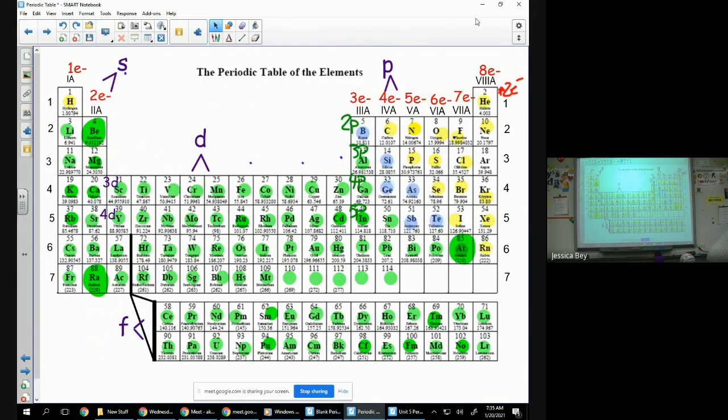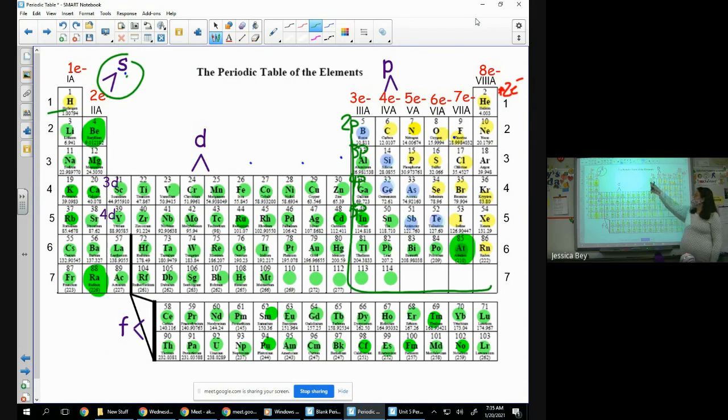All right. If I was to be labeling my periodic table, these two rows here have the S shape. So it's 1S, and then 2. Over here has the P shape, and this whole section over here has the P shapes. The big common misconception about the P block is that it starts with 1.